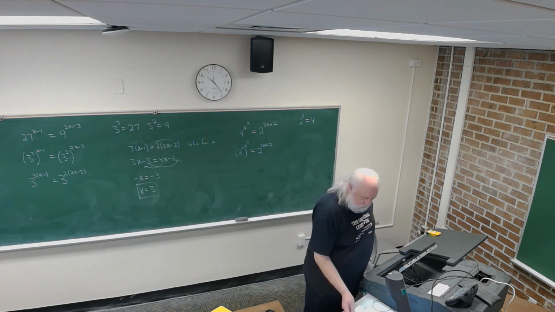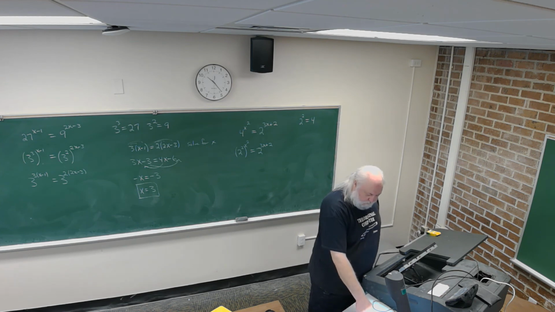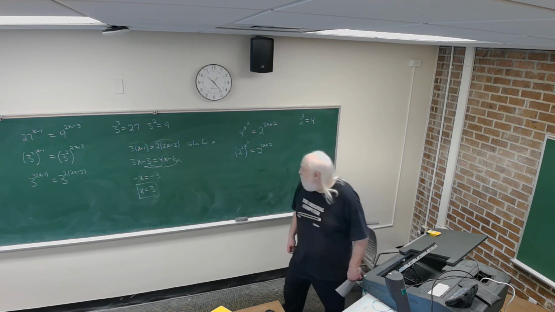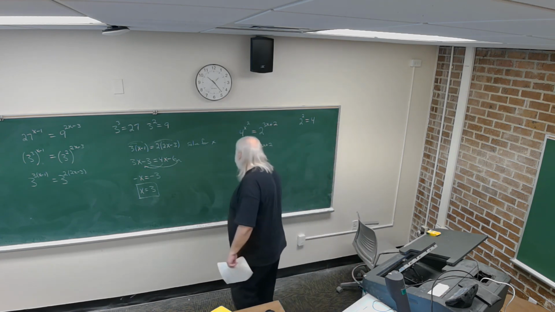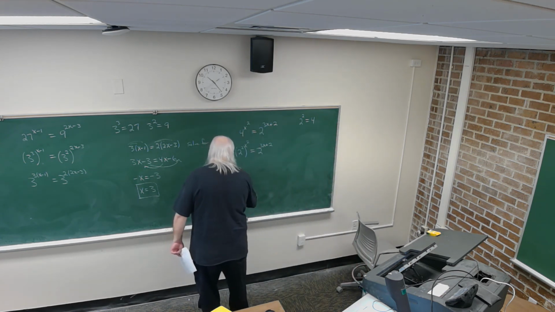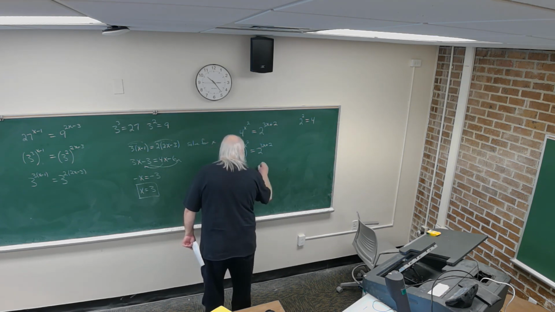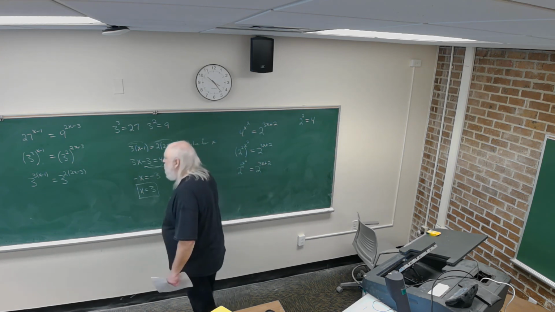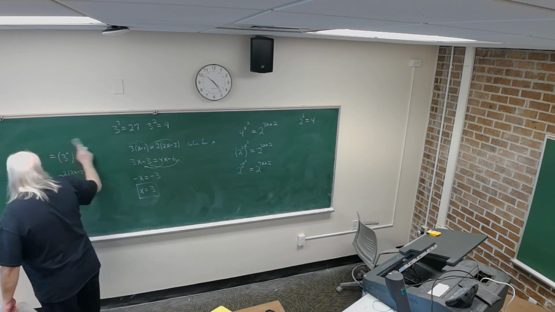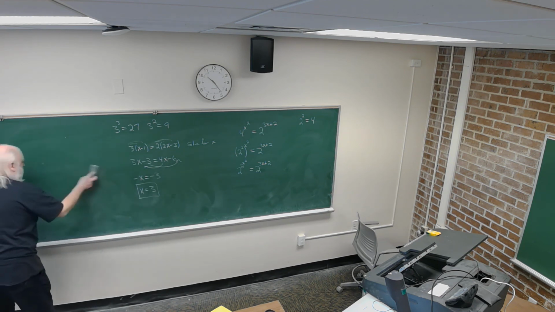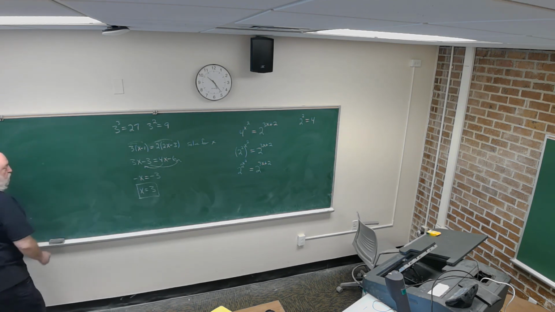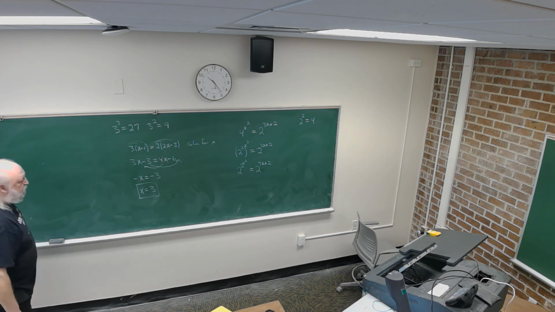And now, by property 4 from page 1, on the left-hand side, we can multiply the exponents. And we have 2 raised to the 2 to the x squared power is equal to 2 raised to 3x plus 2. And now, using the one-to-one property, we can equate the exponents.